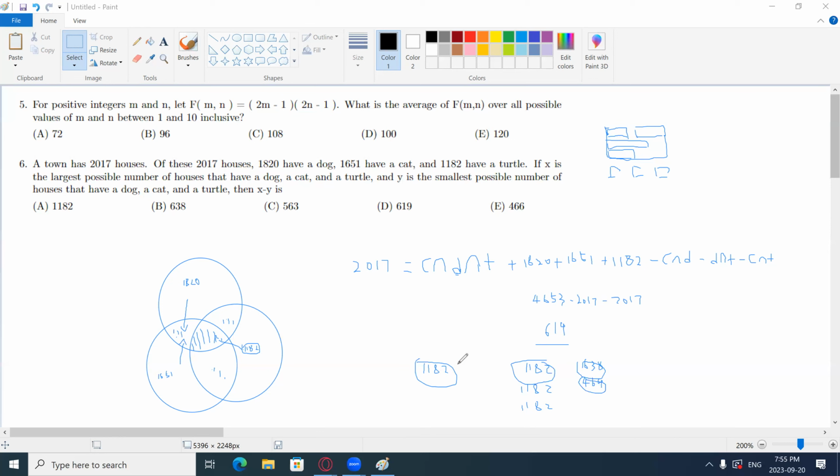So this is the upper bound, and this is the lower bound. You subtract these two numbers, and then you'll get the right answer, which is this number. Okay, so the right answer is C.